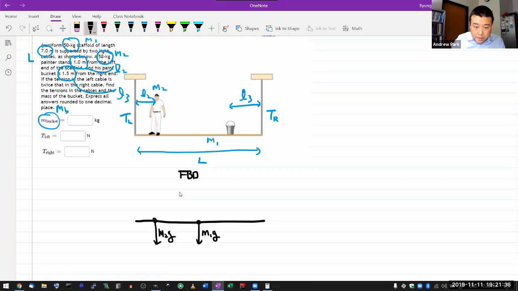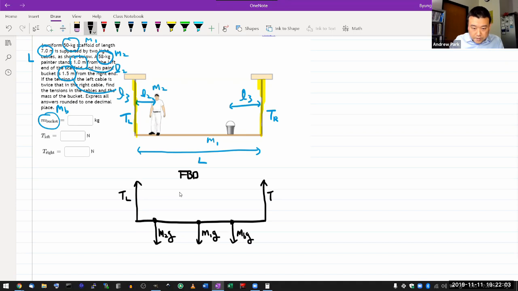At the location of the bucket there will be, again, a downward normal force, MBG, on the scaffold. So those are all downward forces. I need some upward forces. In this problem, it looks like there are 2 upward forces provided by the tension. So let me call those TL and TR.